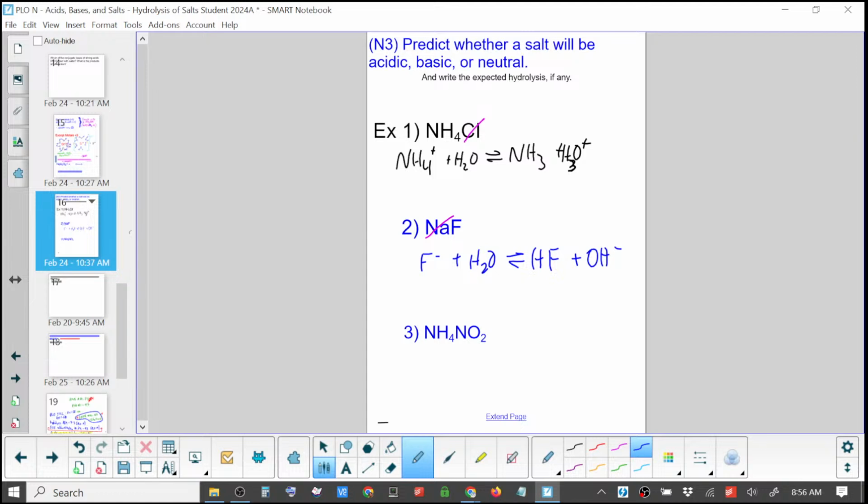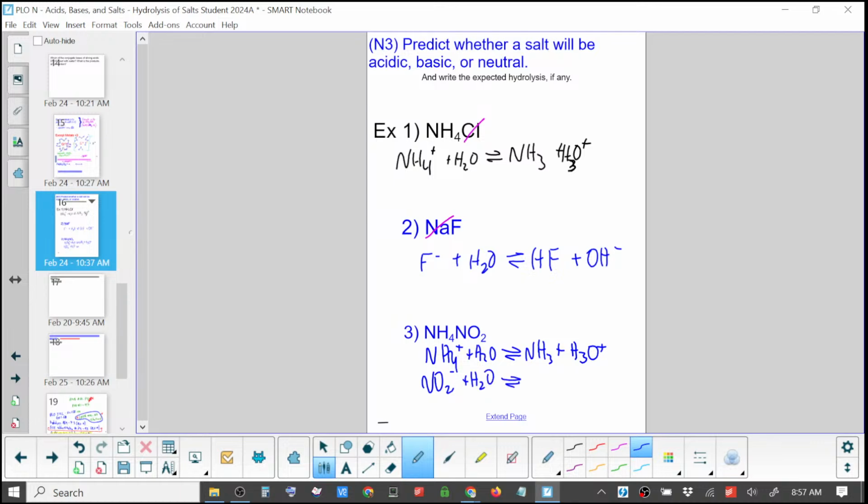I think now everybody has this. Then we take the KW, which is 1.0 times 10 to the negative 14. But we need the KB, right? So divided by this is the KB, this is 4.6 times 10 to the negative 14.